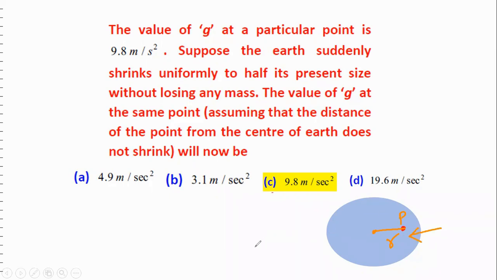Without changing the mass, and without changing the distance from the center to that point P, the same acceleration due to gravity will be there. Acceleration due to gravity does not change.